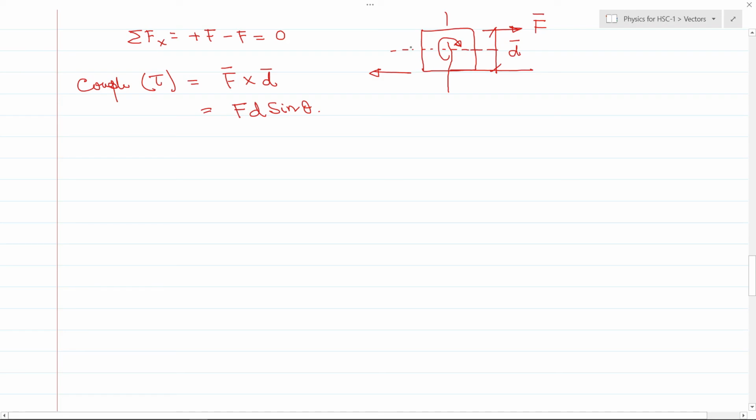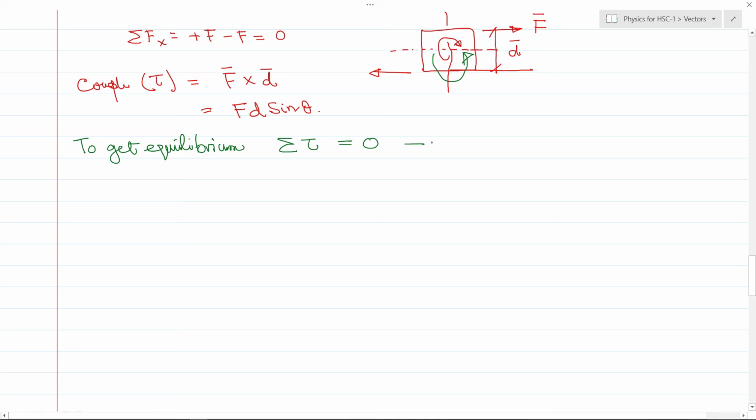Now if we want to stop it, we have to apply the same torque in opposite direction. That means to get equilibrium, the sum of all the torques should be equal to 0.